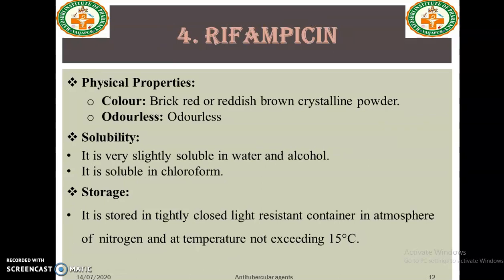Next, the fourth example is rifampicin. Rifampicin is a brick red or reddish brown crystalline powder which is odorless. It is very slightly soluble in water and alcohol and soluble in chloroform. Rifampicin is stored in light resistant containers in an atmosphere of nitrogen at a temperature not exceeding 15 degrees Celsius.